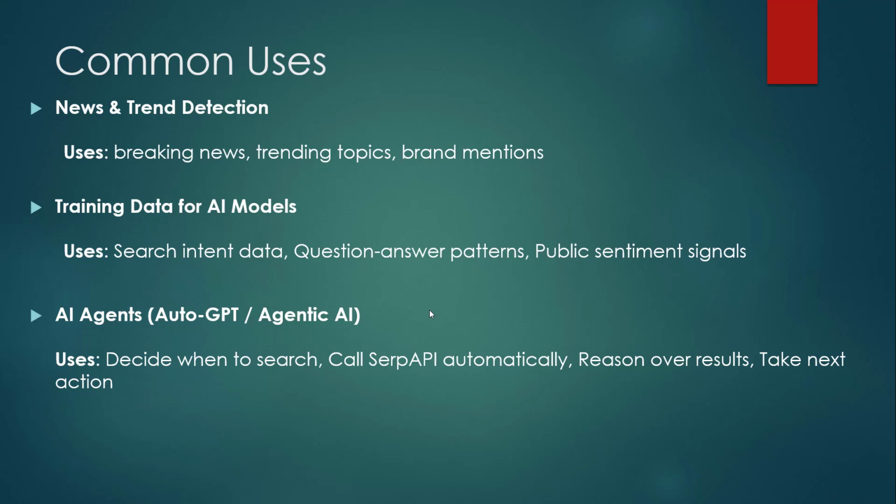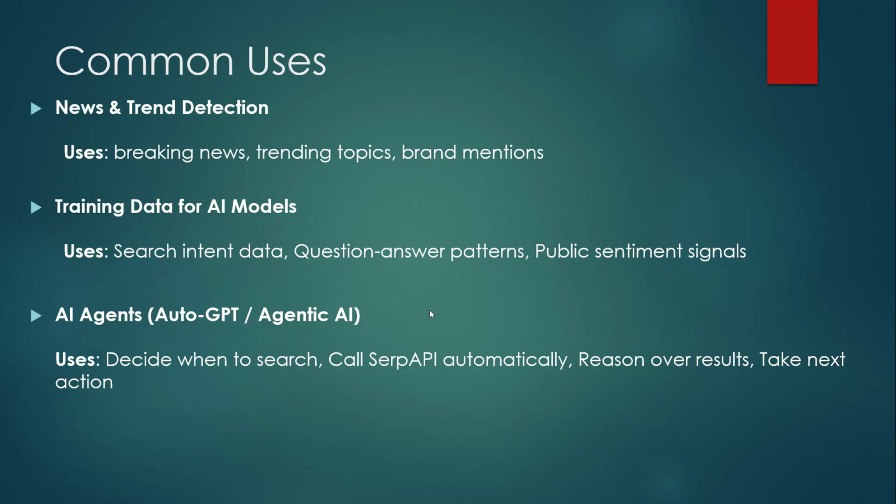And then news and trending detection. We can use SERP API in all those domains, in all those projects, wherever we wanted to get breaking news, trending topics, and brand mentions. We can search with SERP API for what the breaking news is at 9 a.m., for example, or at 10 a.m., assuming in the US, in France, or in other countries.